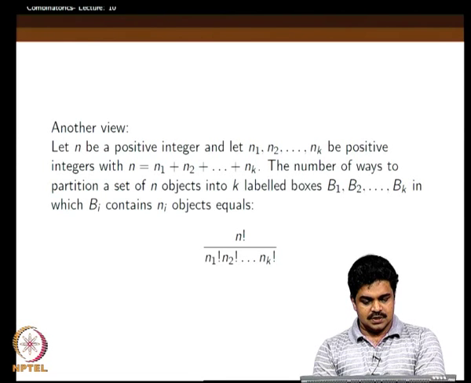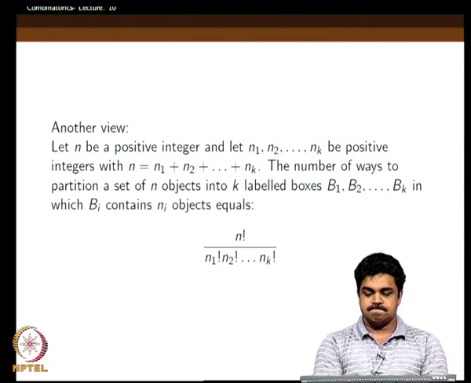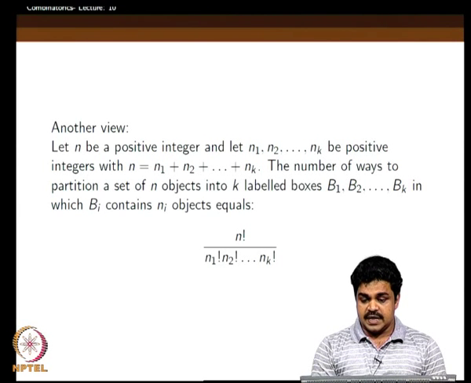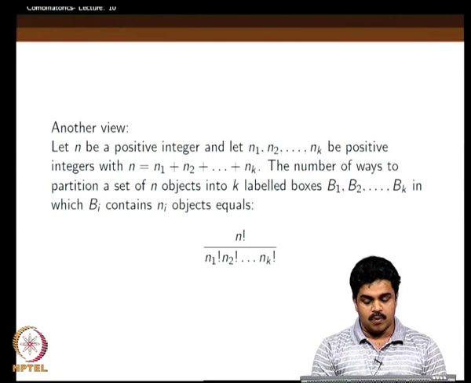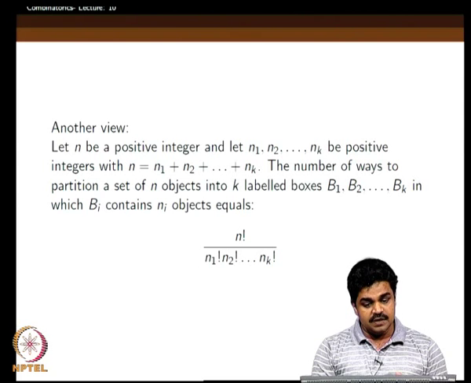So, this looks like a different problem. In combinatorics classes we always talk of balls and bins problems. So, here we are talking about n distinguishable balls, that means each ball we can identify from the other, and the bins are also distinguishable.